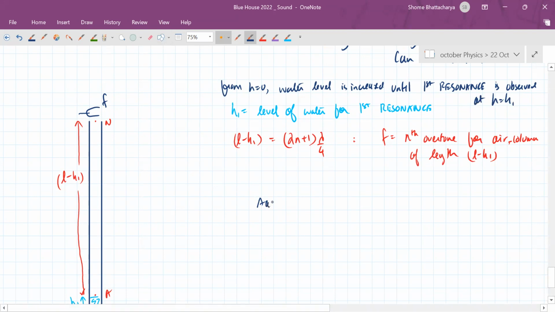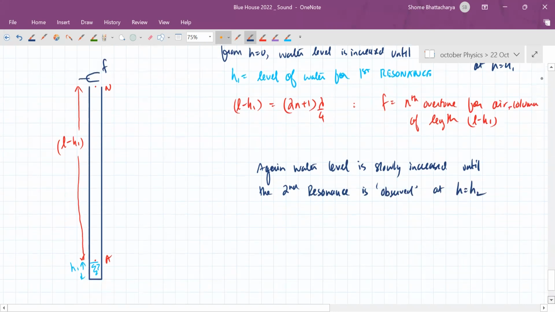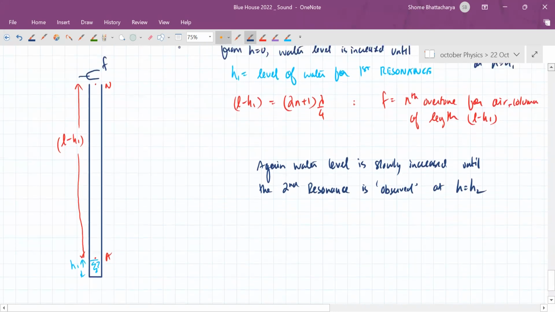Now from this point, after noting H1, the water level is again slowly increased until the second resonance is observed at H equal to H2. So at that H2, we compare alongside H1.